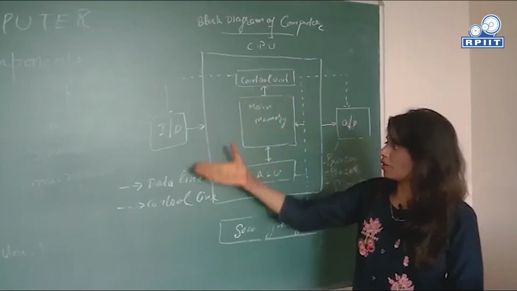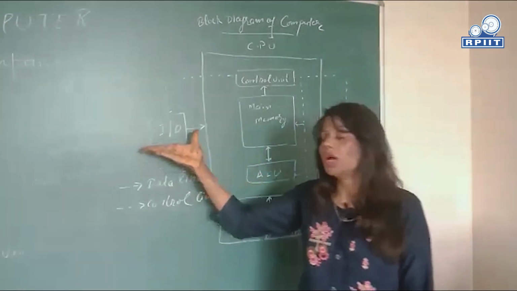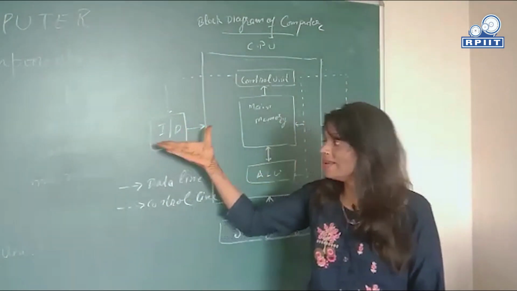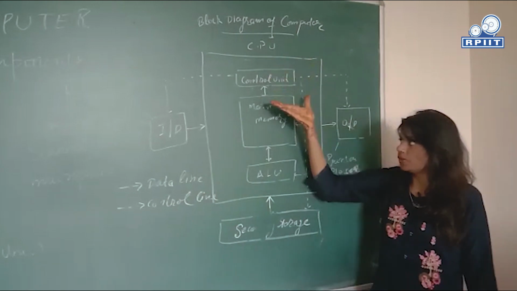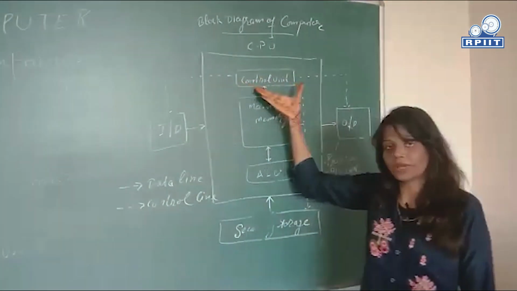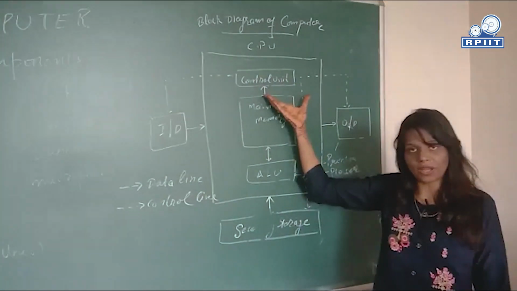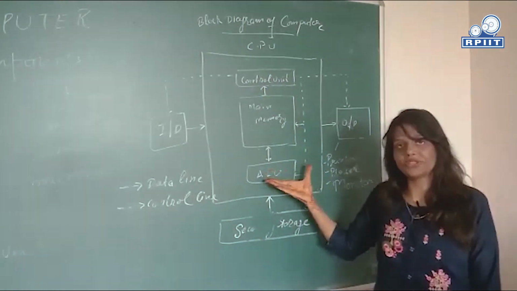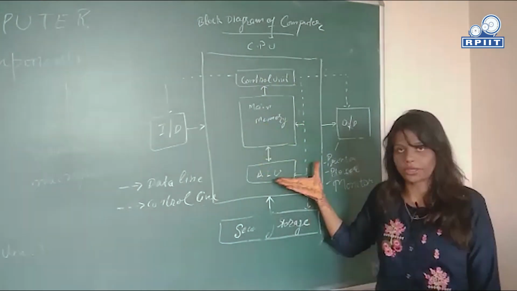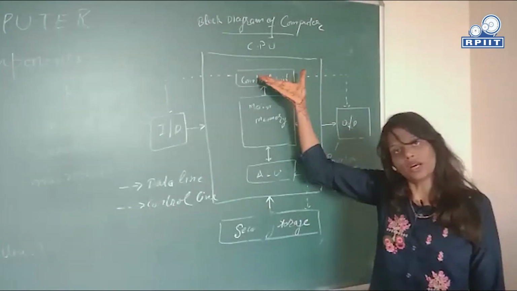So this is the block diagram of a computer where I have mentioned the input devices through which we can provide the instructions to the computer. Then the control unit orchestrates the input from the input device, fetches the instructions from the main memory, and performs all the operations in the arithmetic logical unit, which produces the output and forwards it to the control unit.